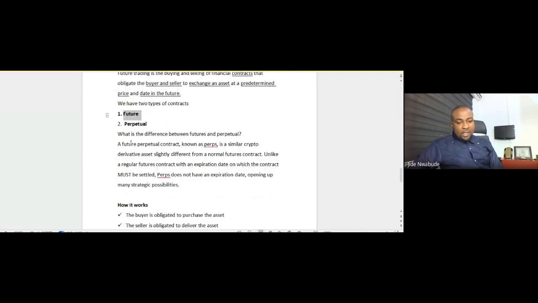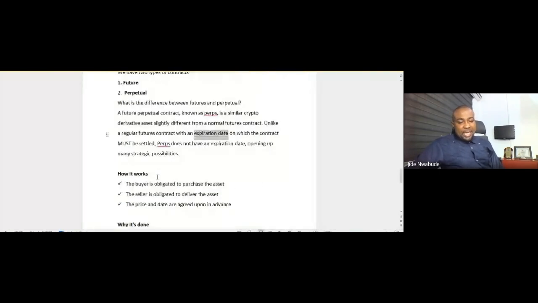A perpetual future contract, known as PERP, is a similar crypto derivative asset, slightly different from a regular future contract. Future contract has an expiration date, while perpetual does not.